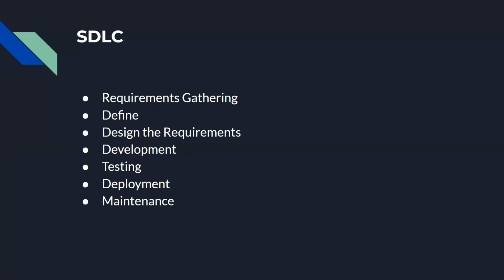Then you have to gather the requirements from me. Doing the development first is not at all important. First you should understand my business and what my requirements are, and then you have to define those requirements, what you understood from me. Later you have to design the requirements. Designing is nothing but technically converting the business requirements into technical requirements.